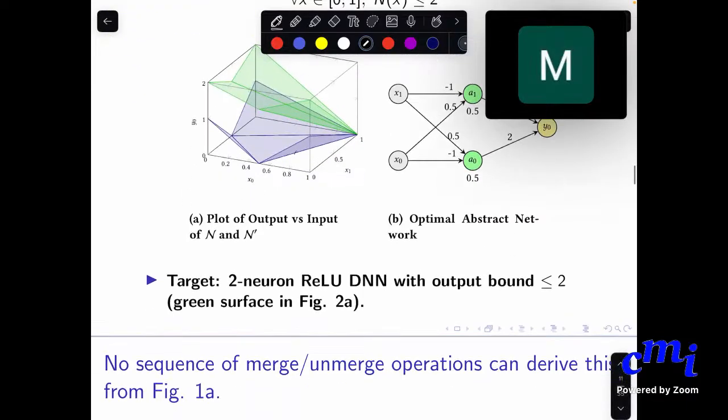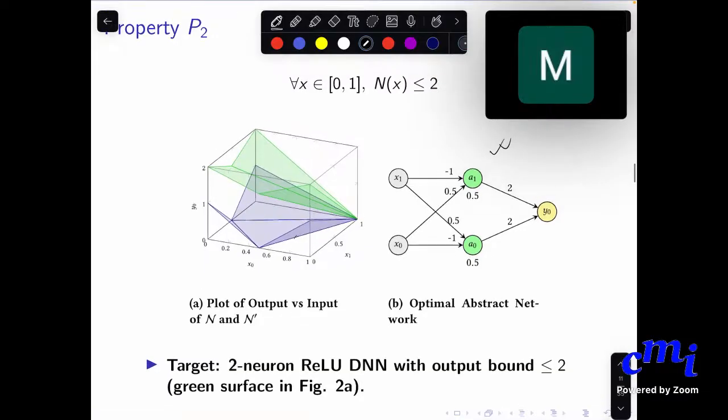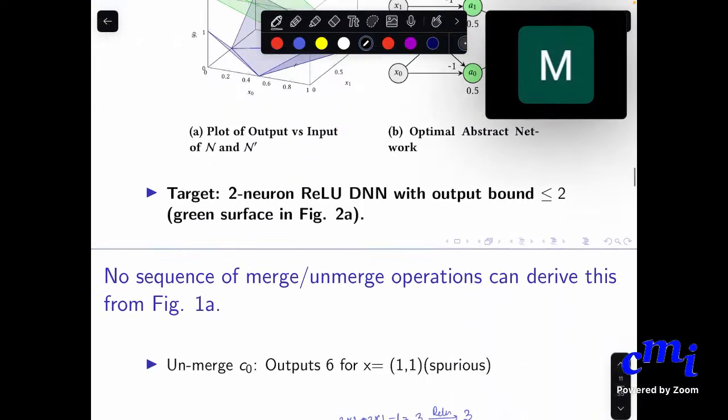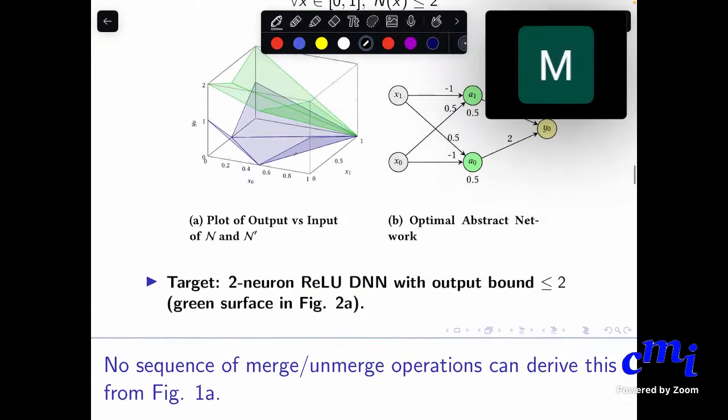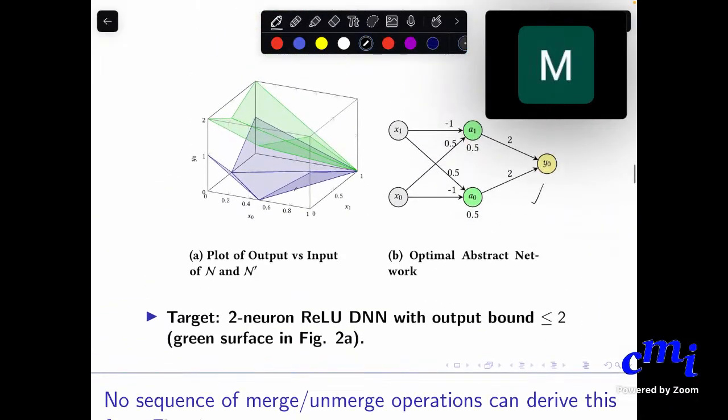So we can come up with this optimally abstracted neural network, but we will see how. Before that, I want to mention that no sequence of merging or unmerging operations can derive this optimally abstracted network.